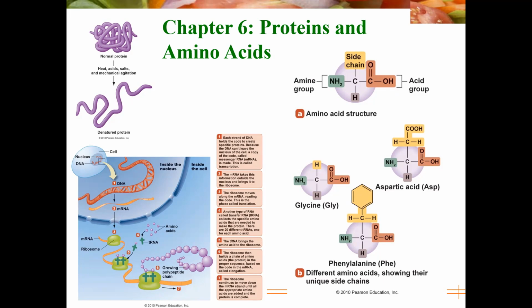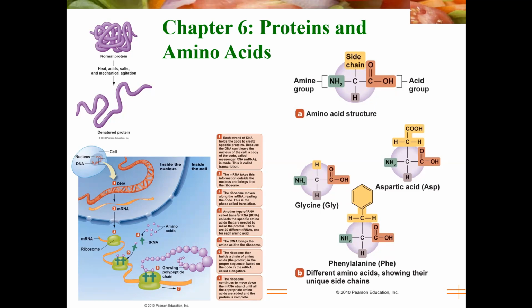And this transfer RNA will now bring amino acids to the ribosome, and now the ribosomes will start building or assemble a chain of the amino acids in a proper sequence based on the information that is coded in the messenger RNA.